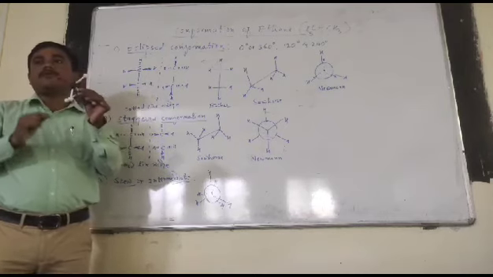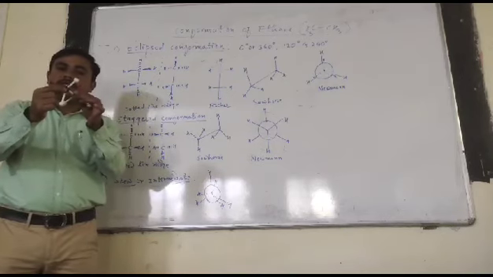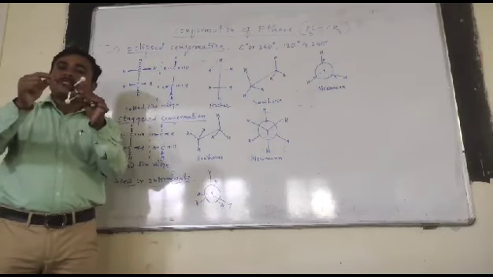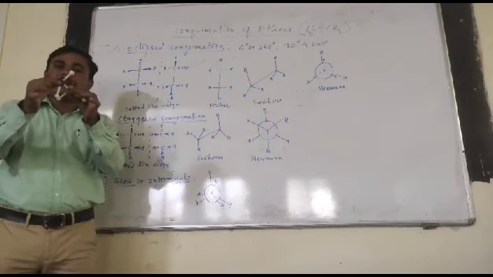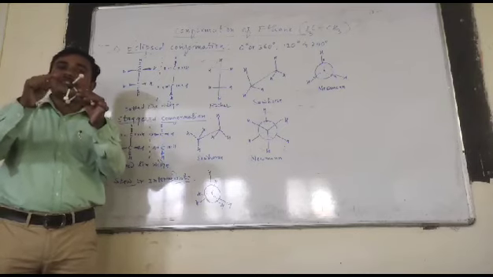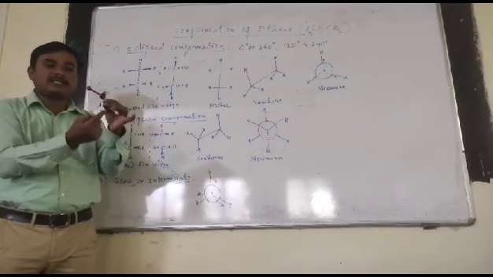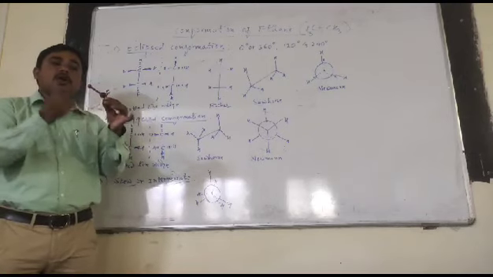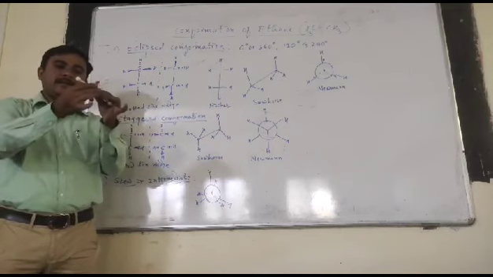The definition of staggered conformation is those conformations in which the three atoms present on the front carbon atom are at the farthest distance, or longest distance, again at 120 degrees.